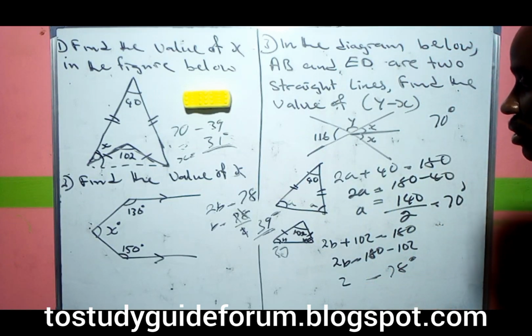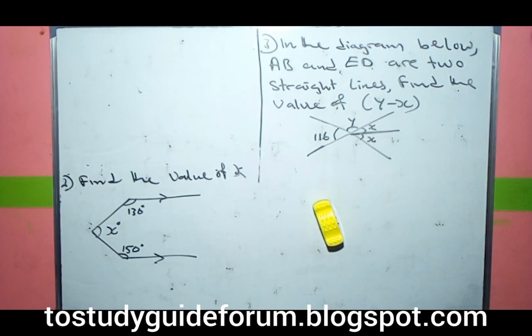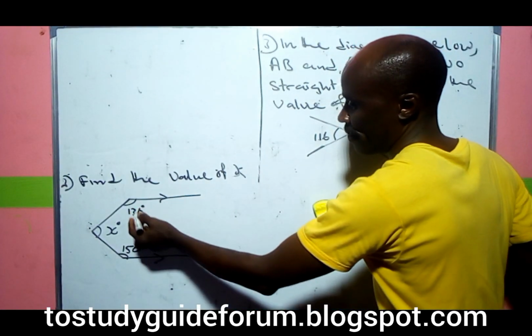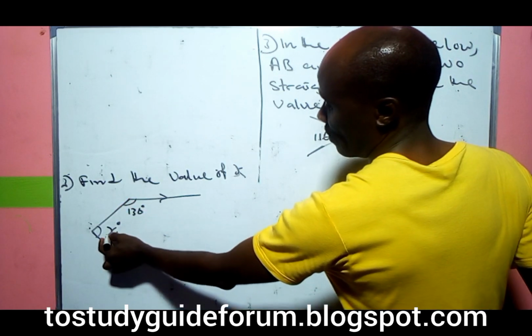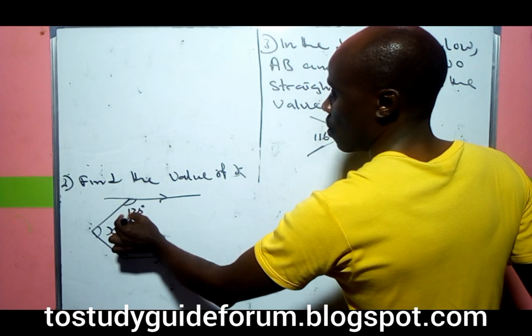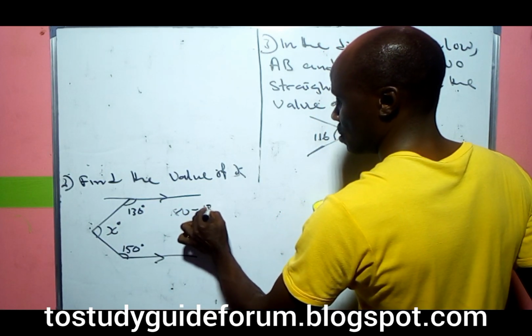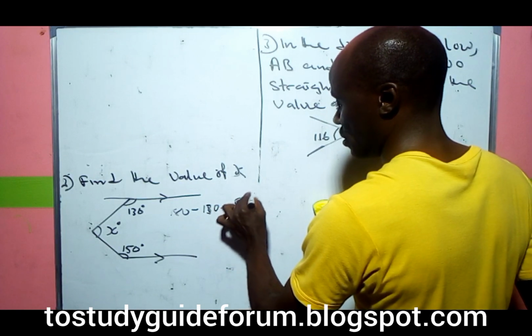So let's go down to the second one. In the second question, we have to calculate the value of x. We have 180 minus 130, which will give us 50 degrees.